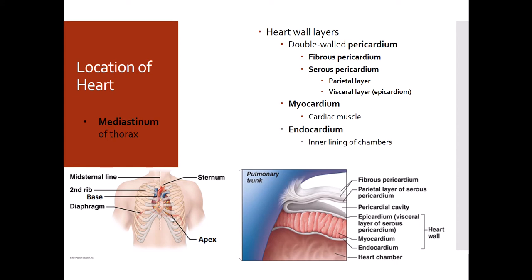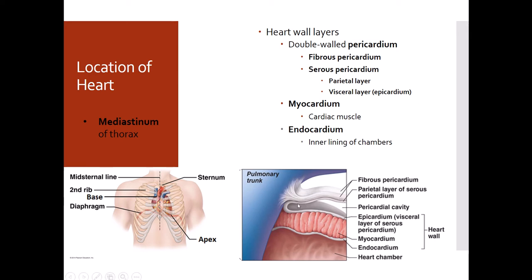If we look at the wall of the heart, and we look at the layers within it, as well as the pericardial sac that it sits in, the most superficial here is the fibrous pericardium, this really strong fibrous collagenous tissue that surrounds the heart and protects it.